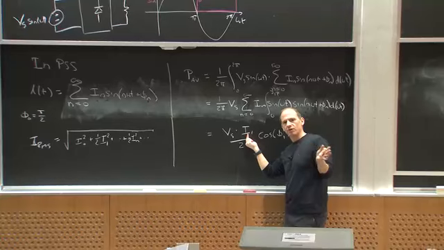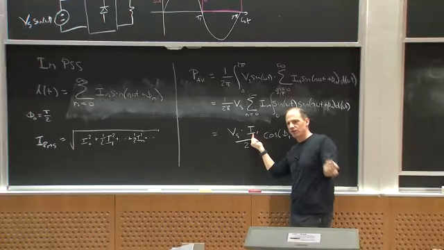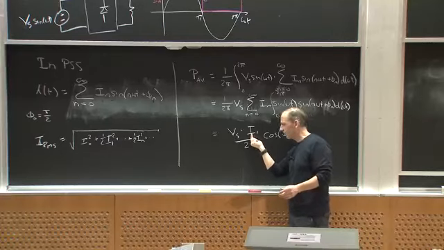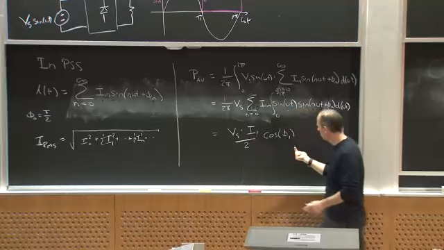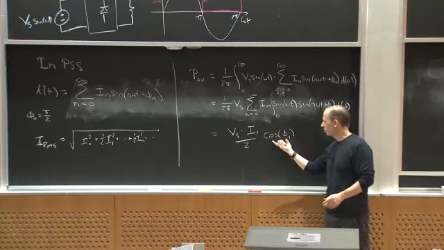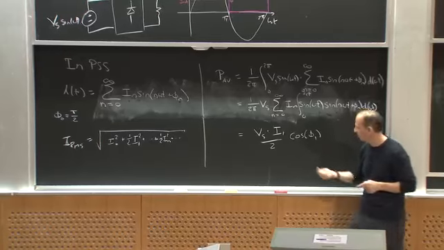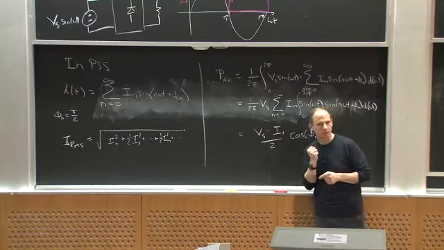Because every other current component at all other frequencies, DC and all harmonics, is orthogonal to the voltage. Okay? Moreover, it's not just the fundamental, but it depends upon the cosine of that fundamental. In other words, it's only the component of the fundamental that's in phase with the voltage, right?